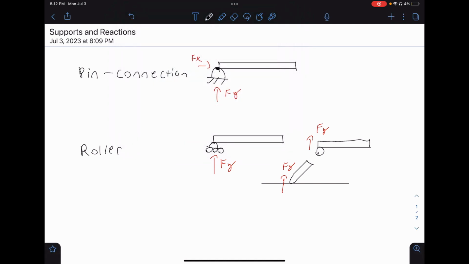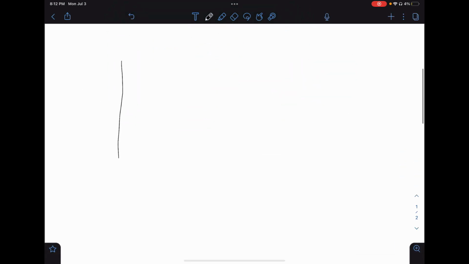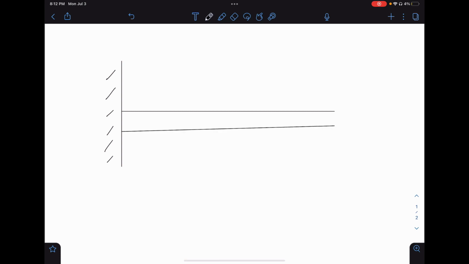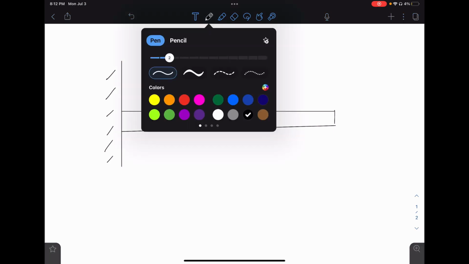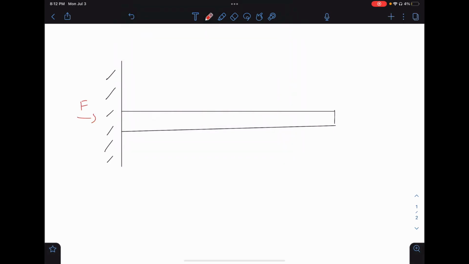So beams can also be fixed to walls. So if we had a wall here and then a beam fixed to it on the left side, we would actually get a force in the x direction, so Fx, we'd get a force in the y direction, Fy, and that's all at this point, right?